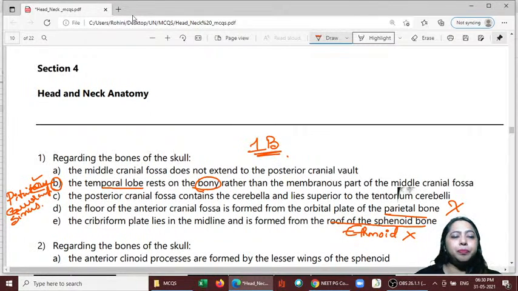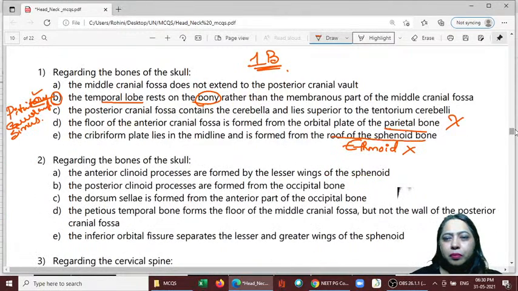Next one. Regarding the bones of the skull, the anterior clinoid process is formed by the lesser wing of the sphenoid, and the posterior clinoid process is formed from the occipital bone. Which one is correct?